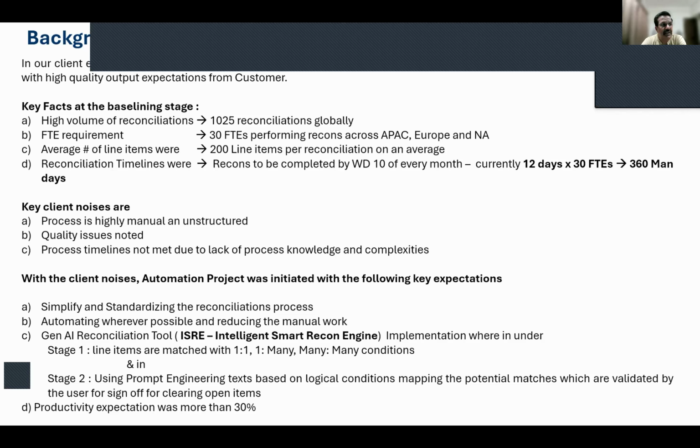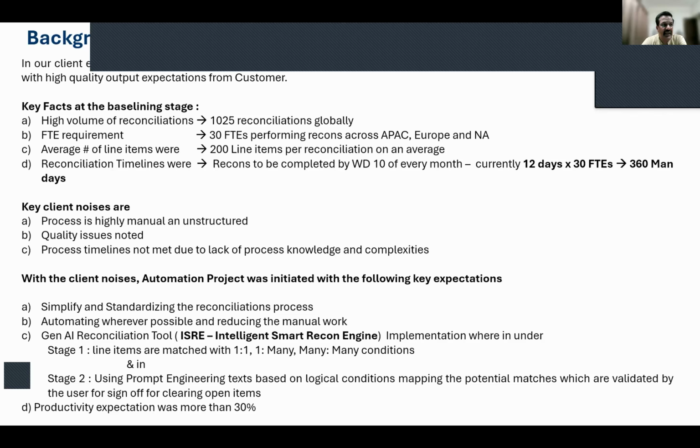The reconciliations are to be completed by workday 10 of every month. The process was highly manual and unstructured, and there are quality issues observed, and process timelines are not met due to lack of process knowledge and complexities.